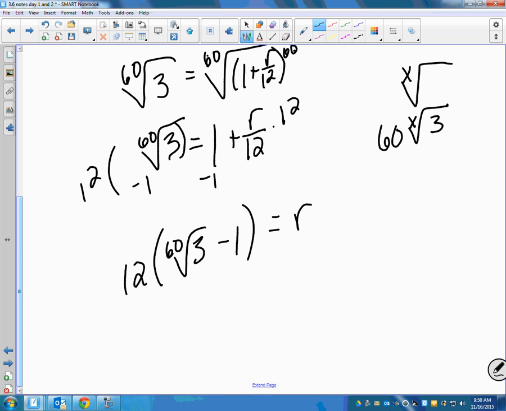And let's see, we're looking for an interest rate, so it's going to be a decimal. If you don't get a kind of normal interest rate, then you know that maybe something's gone wrong. I got 0.2217. Did you get that?